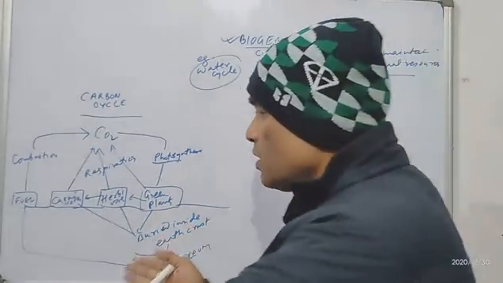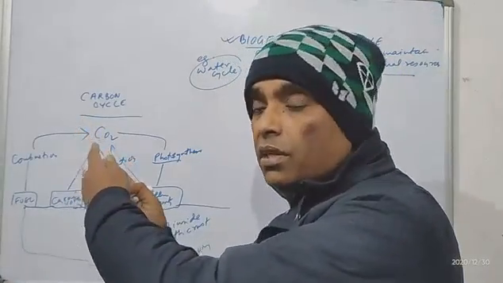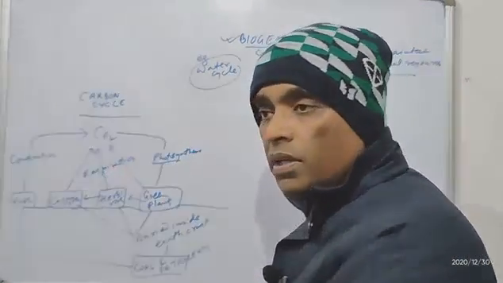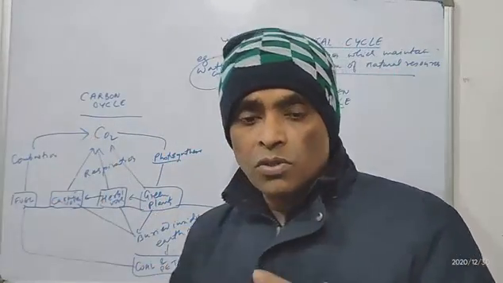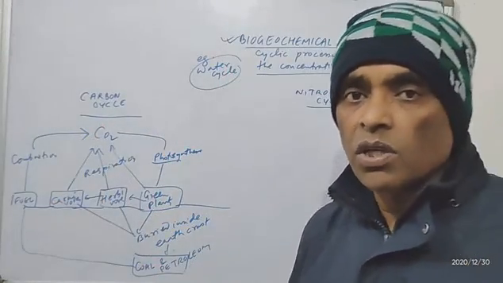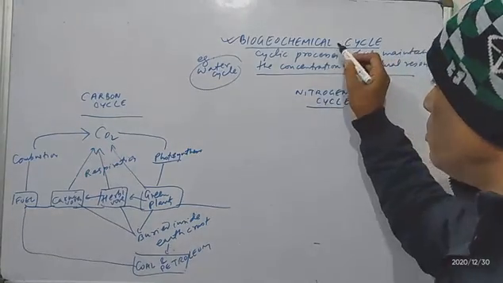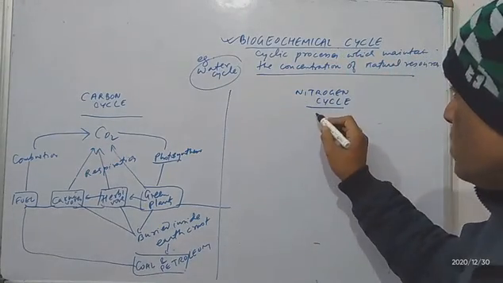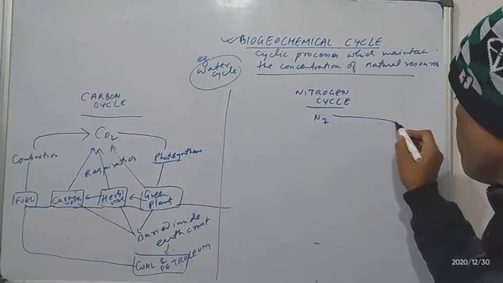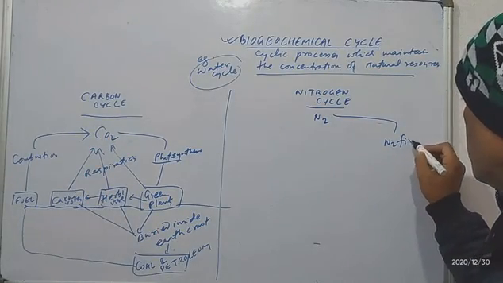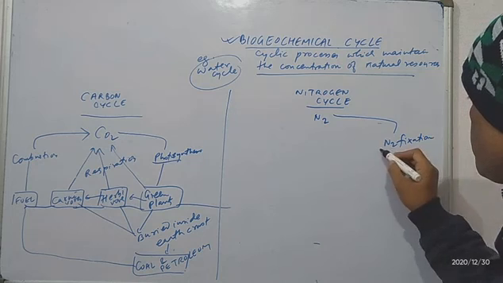And that is how it is neither decreasing nor increasing. If something is continuously given, it should increase. If something is continuously removed, it should be decreasing. But what is removed is given back. So that is how the maintenance is going on. This is the beauty of biogeochemical cycle. Same thing happens with nitrogen gas. 78% in the atmosphere is removed by a process called nitrogen fixation.